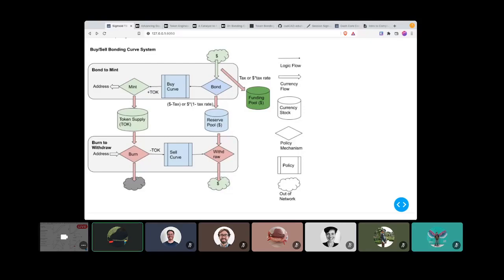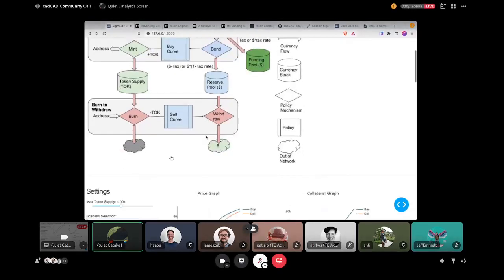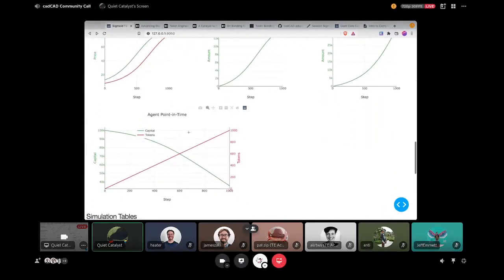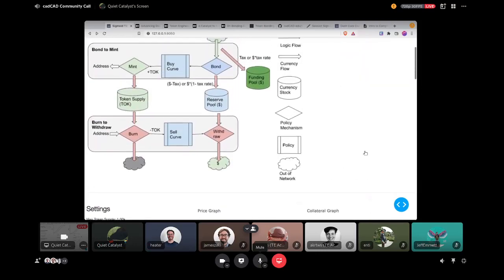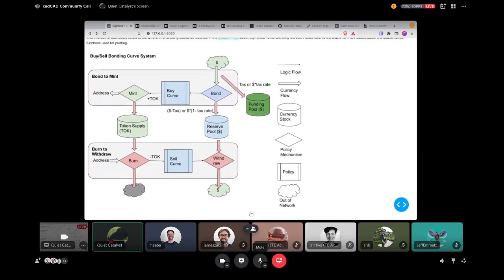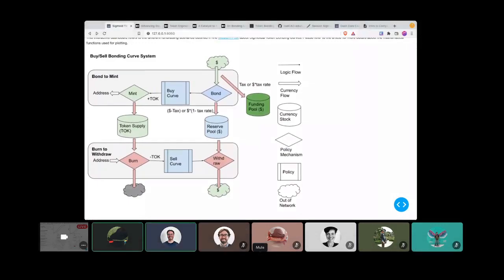Then the last step in the update is to update the user with how many tokens they have and how much capital they have remaining, which is basically what you see in this plot down here. Did I touch on all the cadCAD elements you had asked about? Yeah, okay.